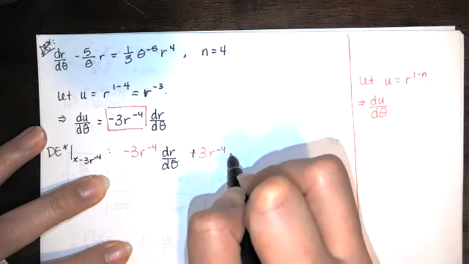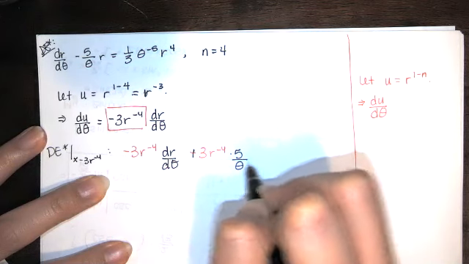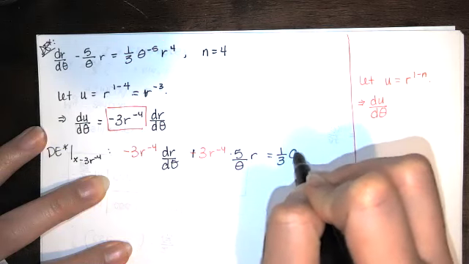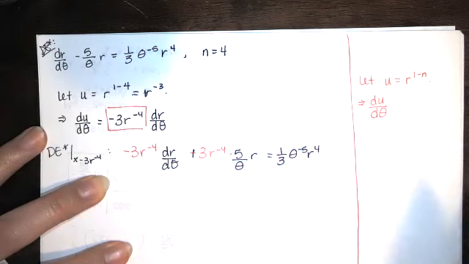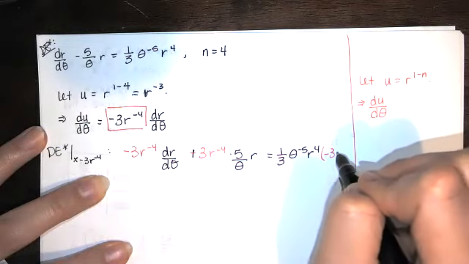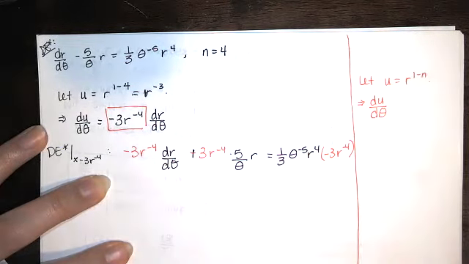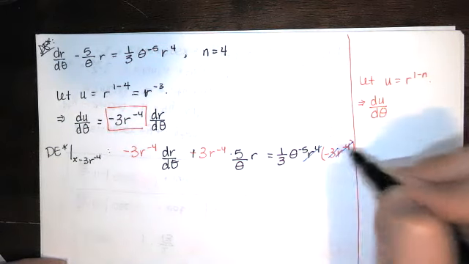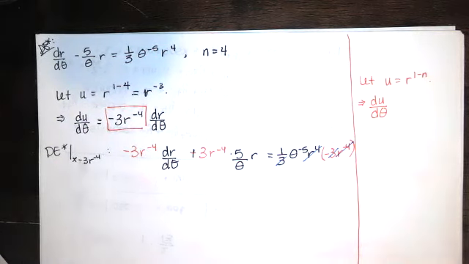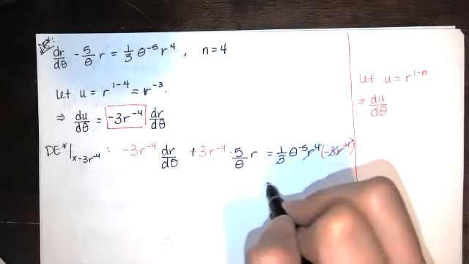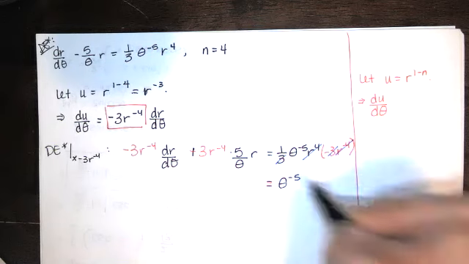Negative times negative is going to give us a positive 5 over theta times r, equals 1/3 times theta to the negative 5th times r to the 4th times negative 3r to the negative 4. And by design, these reduce. The 3's also happen to reduce, and we end up with a negative 1 times theta to the negative 5th on the right-hand side.